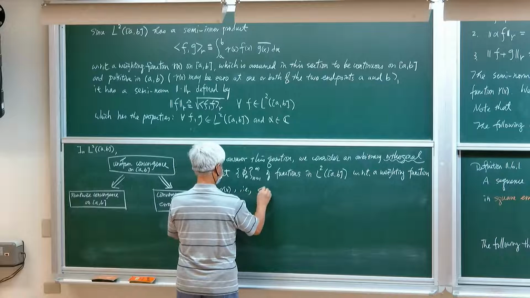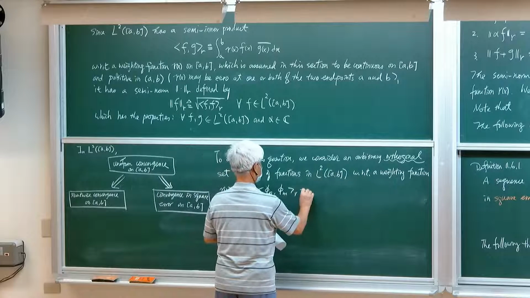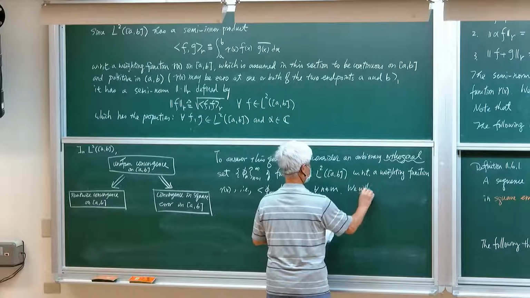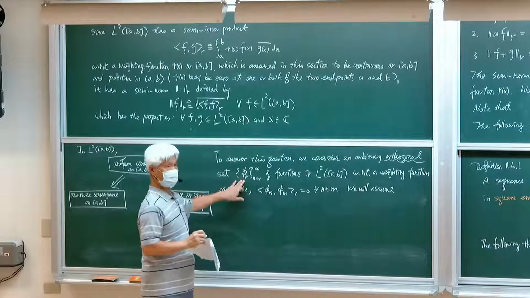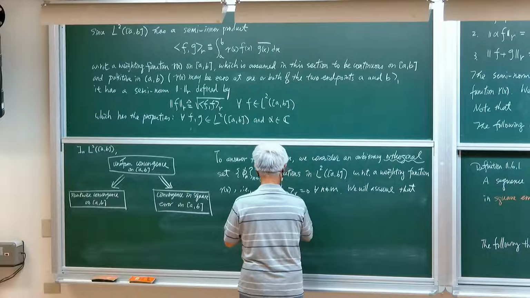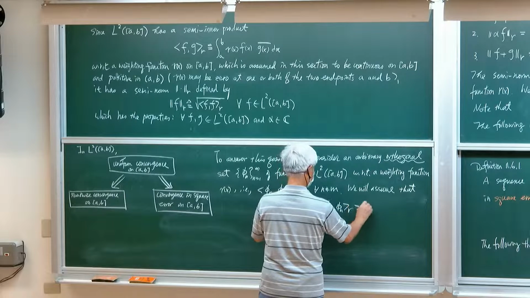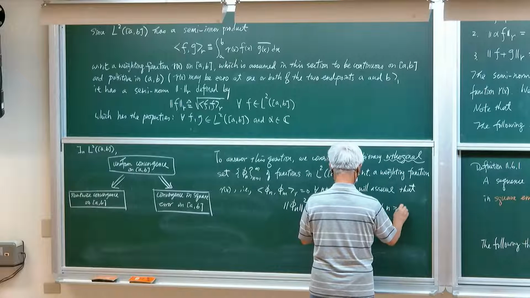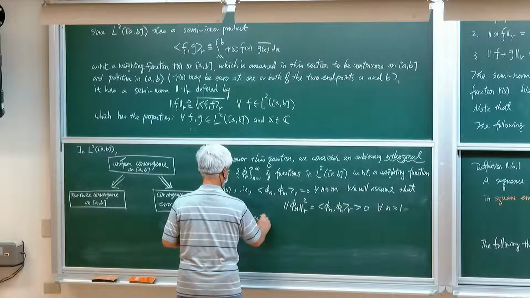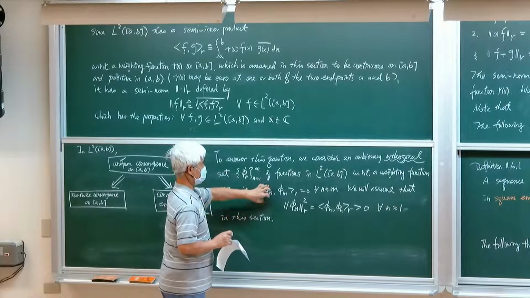The meaning is that the inner product of two functions in this sequence will be 0 for all n not equal to m. So they are orthogonal. Since the zero function is orthogonal to every other function, we will assume that the length of phi n is greater than 0 in this section. So we'll consider non-zero orthogonal functions in this sequence.